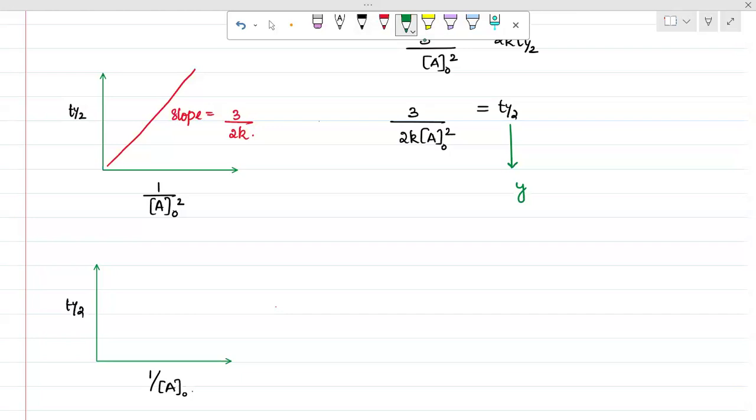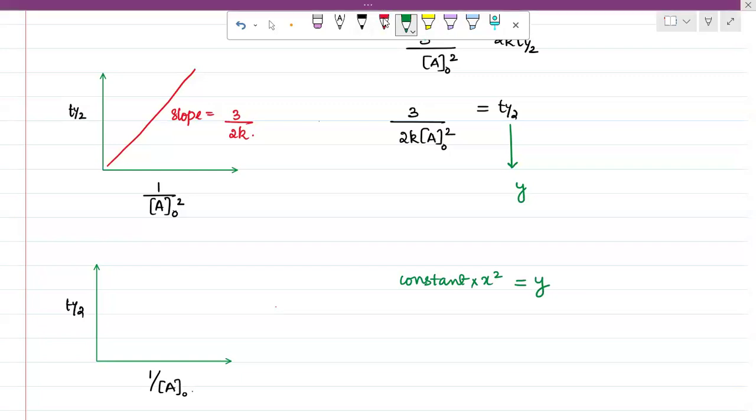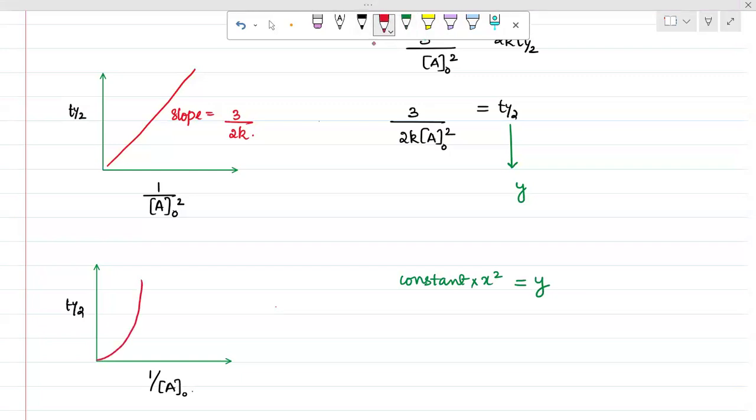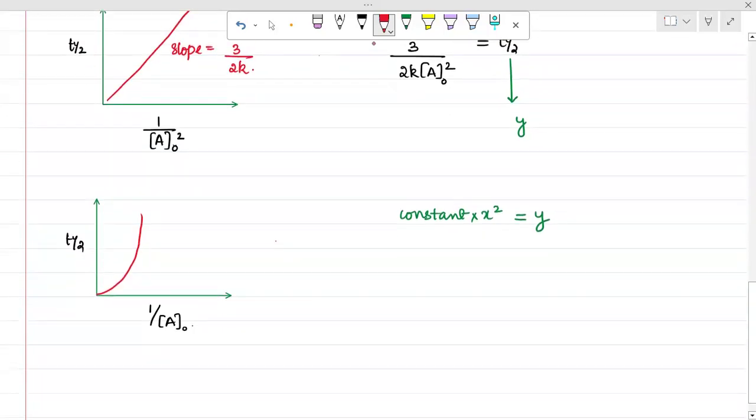But here what you have is 1 by a naught square. So what you have over here is some constant into x square is equal to y. This is like y is equal to x square's variation. We already saw if you have y is equal to x square, it's going to be a parabola.